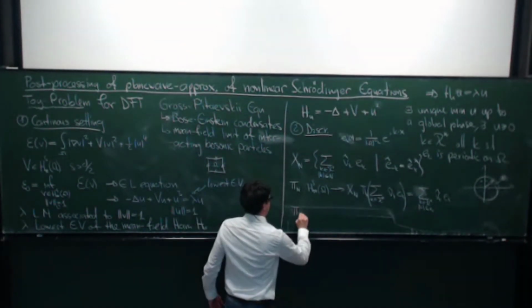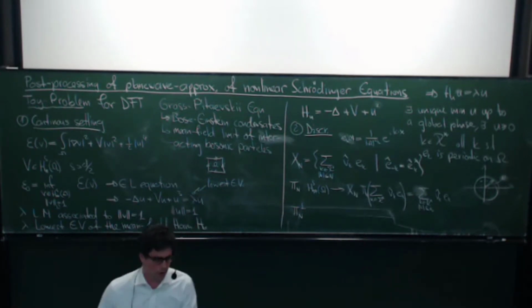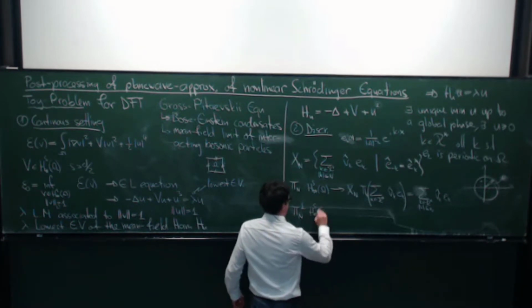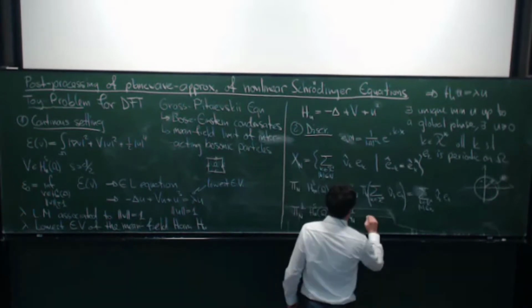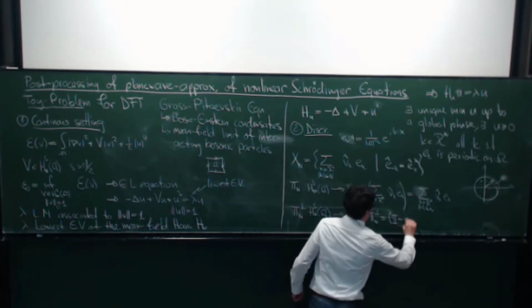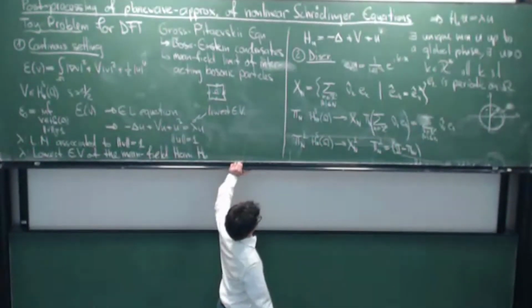So you can also define the orthogonal projector on the orthogonal complement, from H periodic s onto Xn perp, by saying that this is identity minus Pn. There's nothing really new here.